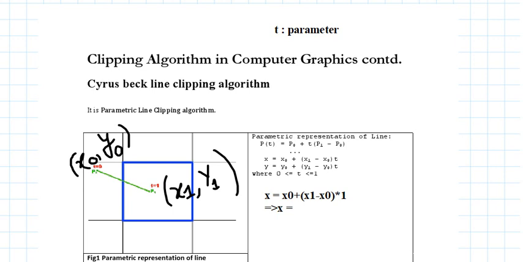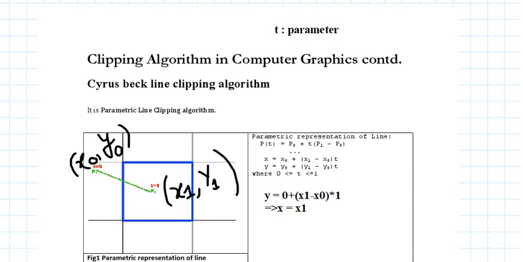It will be x1. So by putting the final value of t, you are getting the final value of x. By varying the value of t in between 0 and 1, you will get intermediary values for x in between x0 and x1.